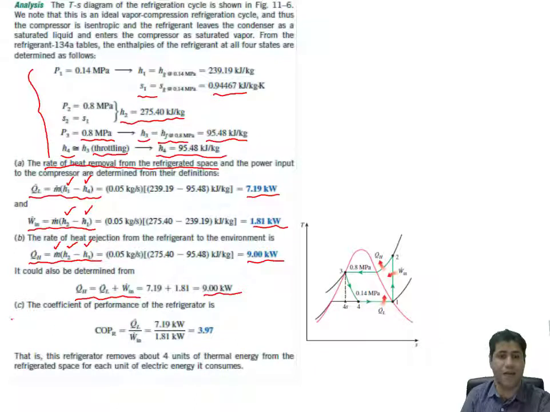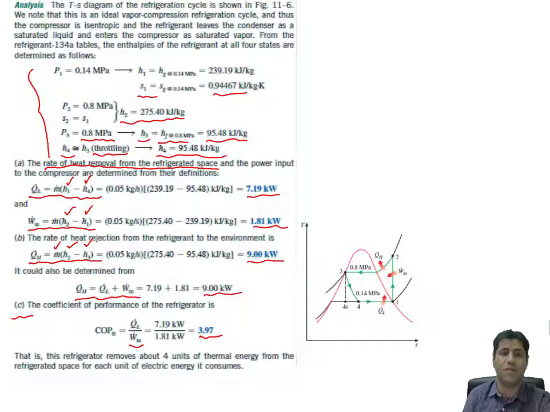And finally, the last part of the question is about the COP, or coefficient of performance, for this refrigerator, which is equal to Q dot L divided by W dot in. We have already calculated Q dot L and W dot in in previous steps. If we substitute Q dot L, which is 7.19 kilowatt, divided by W dot in, 1.81 kilowatt, we get the COP for this refrigerator, which is 3.97, or almost 4.